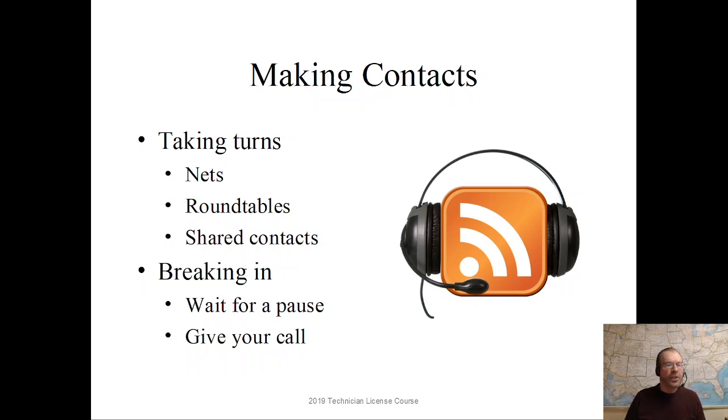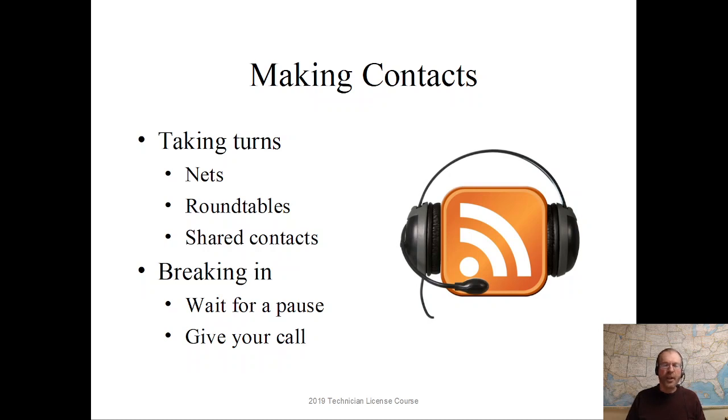Making contacts is fun, but we do have to take turns, and we do have to be aware of different types of operation when we're using nets, roundtables, or shared contacts. A net is a get-together of stations that are there for a common purpose.